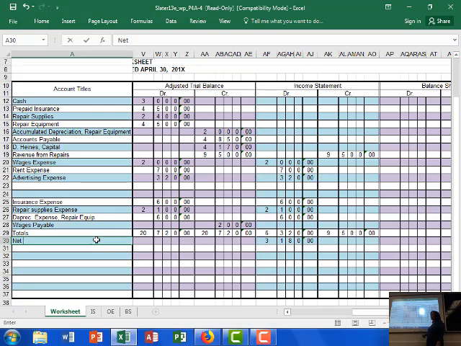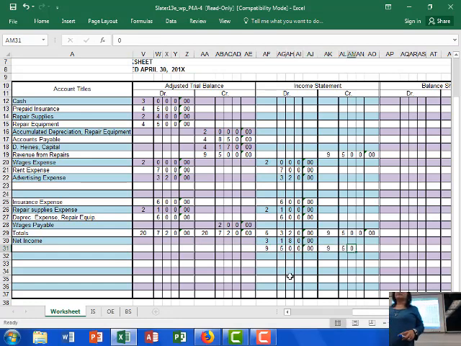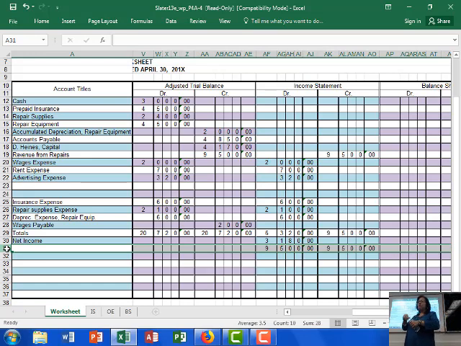Now, of course, to make sure that you're checking it, if you add these two, you total up back to the $9,500. Yes, in the worksheet, yes.